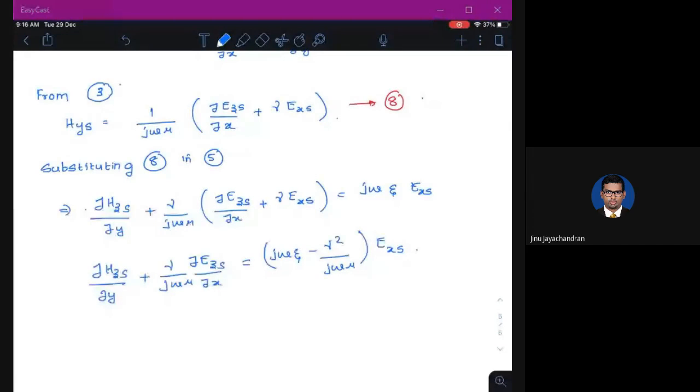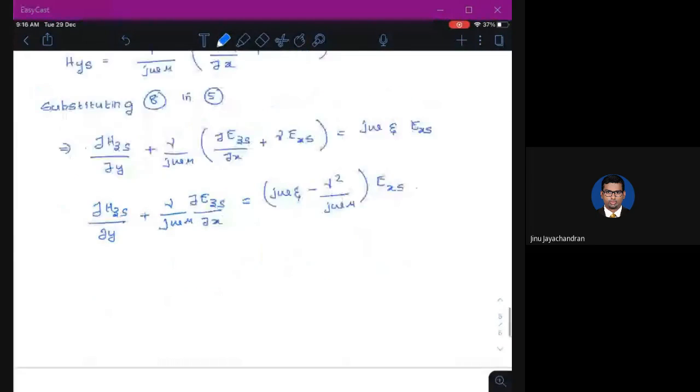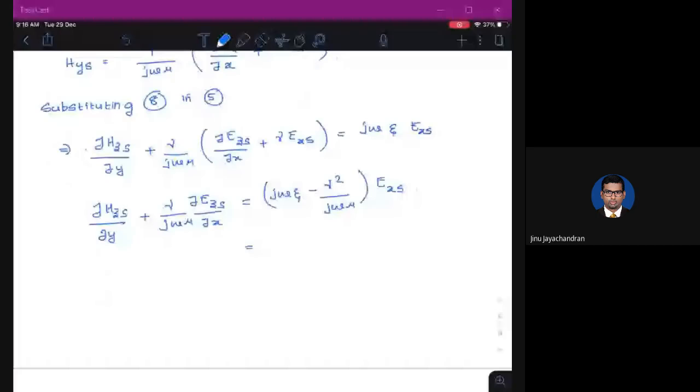Okay, so this is equal to (−ω²με − γ²)/jωμ times Exs.